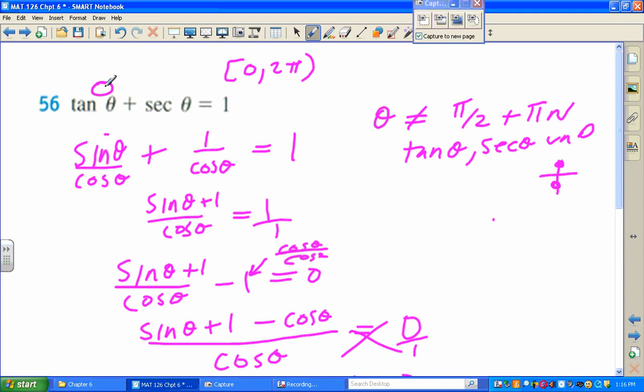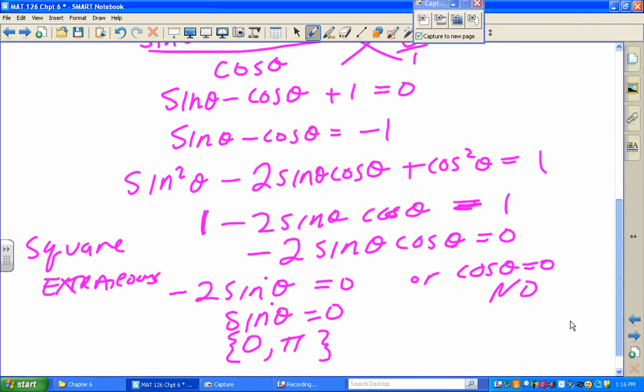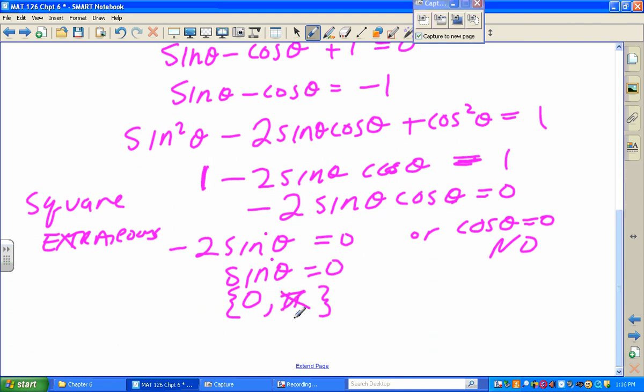That's 0, right? Secant of 0 is 1, so that works. And what about pi? The tangent of pi is 0. The secant of pi is negative 1. That doesn't equal 1, does it? So pi is out. 0 is the solution. And pi came from squaring both sides.